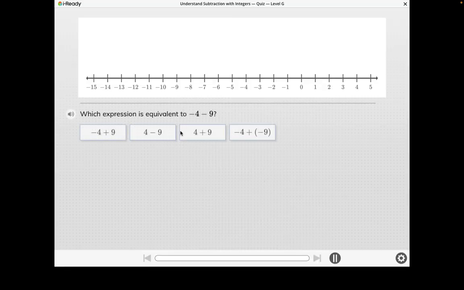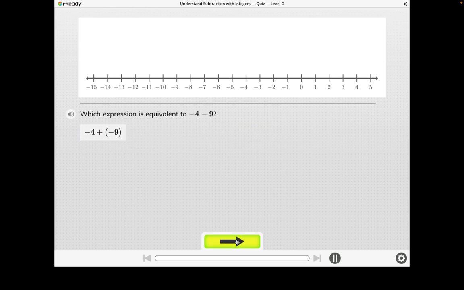Alright, now the quiz. We're not going to get anything wrong. Which expression is equivalent to negative 4 minus 9? Okay, so it's negative 4 plus negative 9, because of the rule we saw earlier.